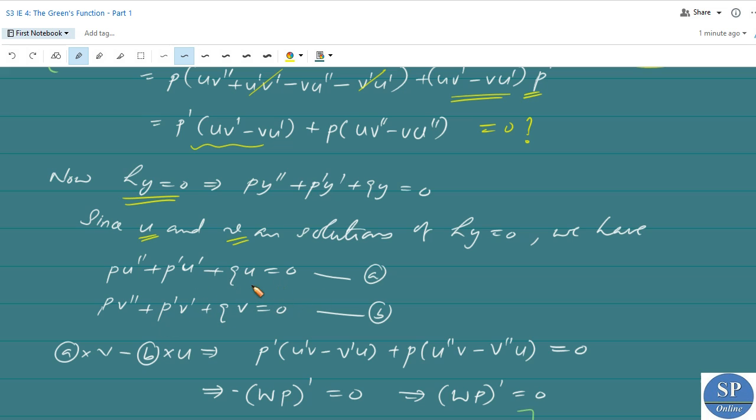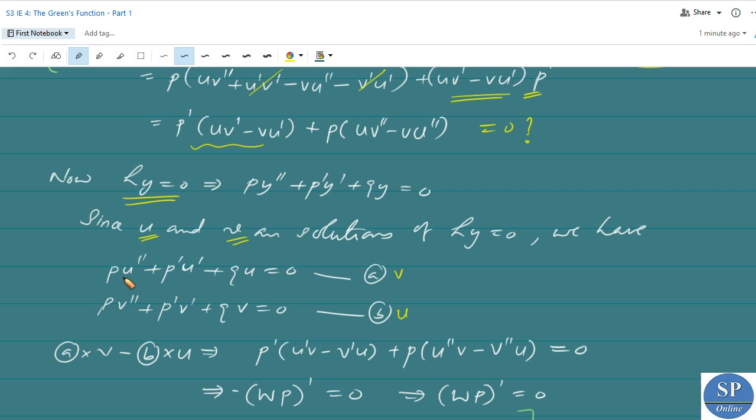Now our aim is to eliminate the q u and q v parts. So we multiply equation A with v and equation B with u, then subtract, that is A into v minus B into u.